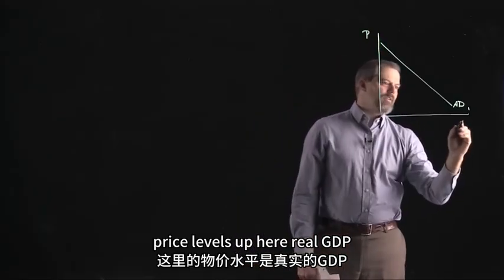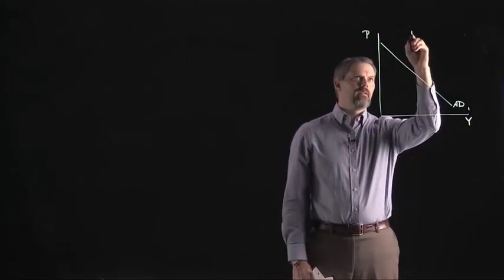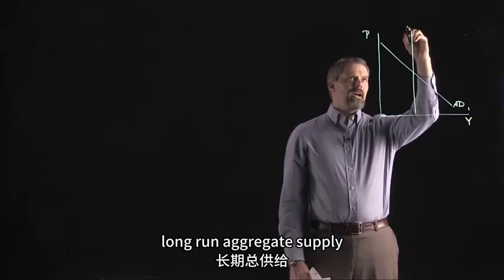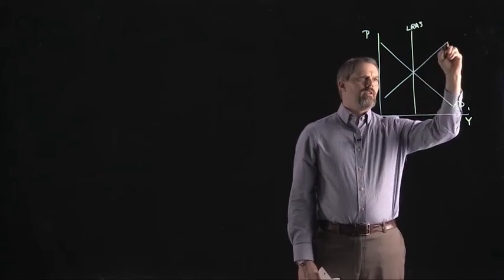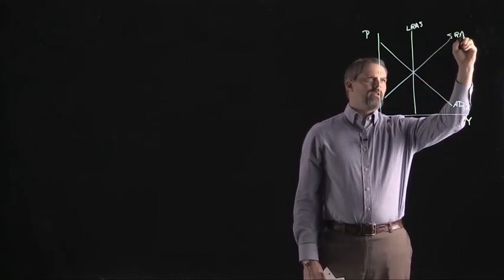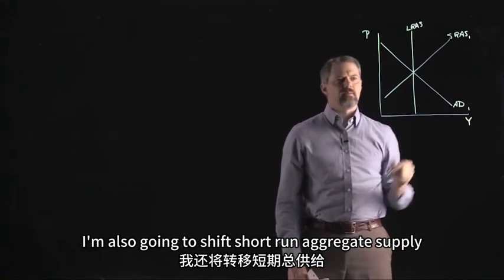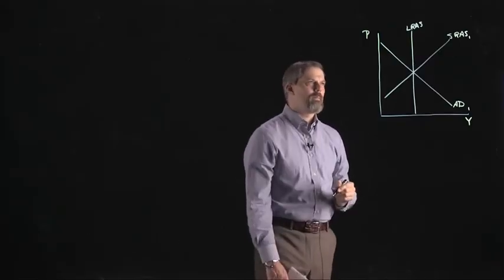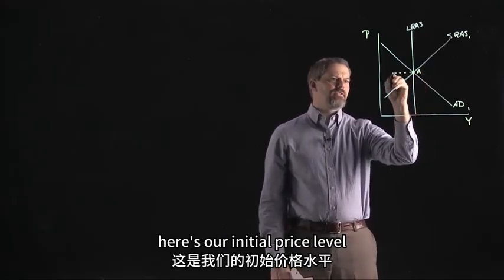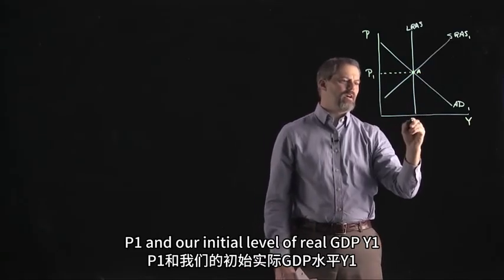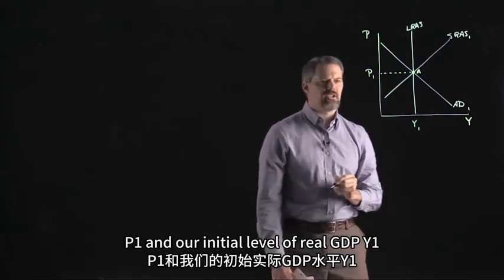Price level up here, real GDP, long-run aggregate supply, short-run aggregate supply, which I'm also going to call 1. Put our initial equilibrium right here at point A. Here's our initial price level, P1, and our initial level of real GDP, Y1.